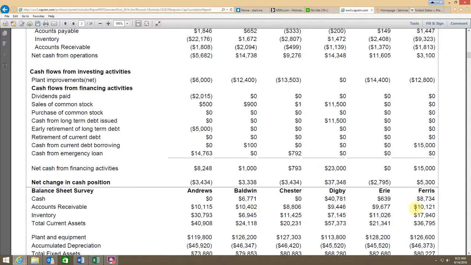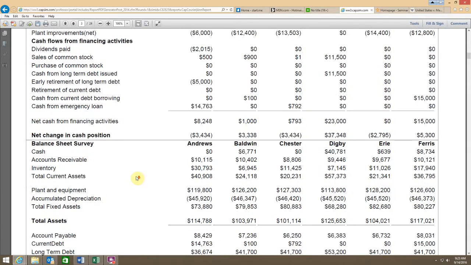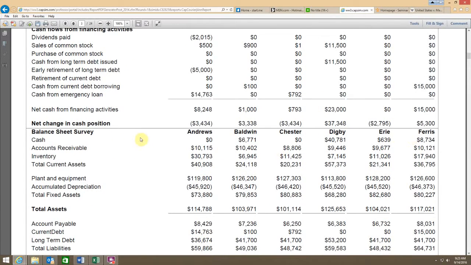Accounts receivable, again, we kind of saw that up above. More a reflection of sales. We're away from the cash flow now, and we're onto the balance sheet. And again, I like to look at this. Accounts receivable. If I see major things there, then I know something's going on. Inventory, just a reflection again of what we saw above. We knew that Ferris and Andrews had a decent inventory because it affected their cash negatively, and that's reflected here.